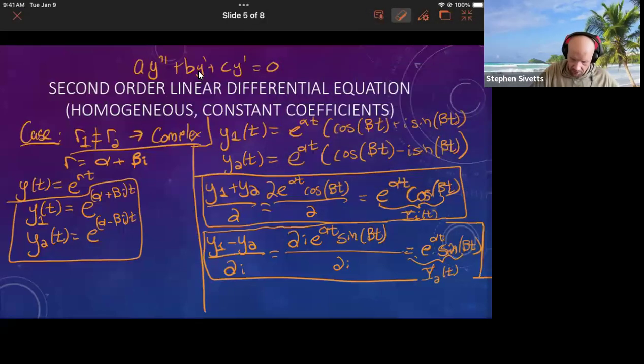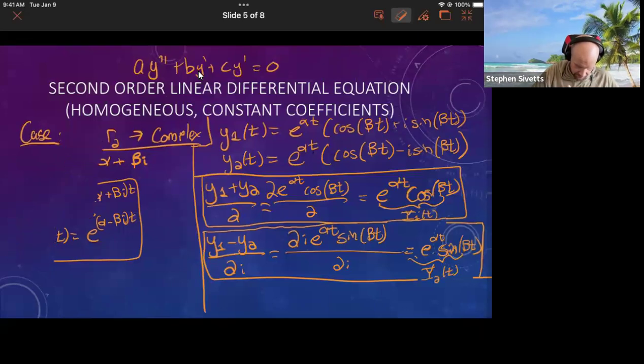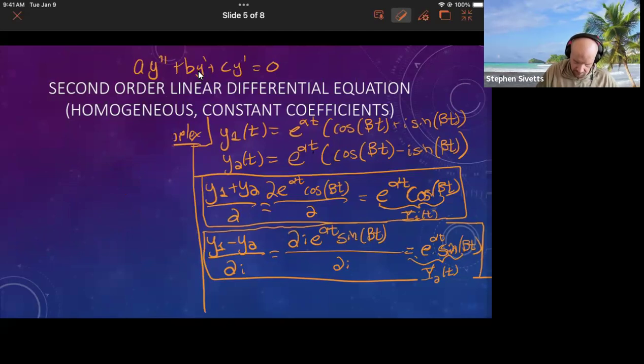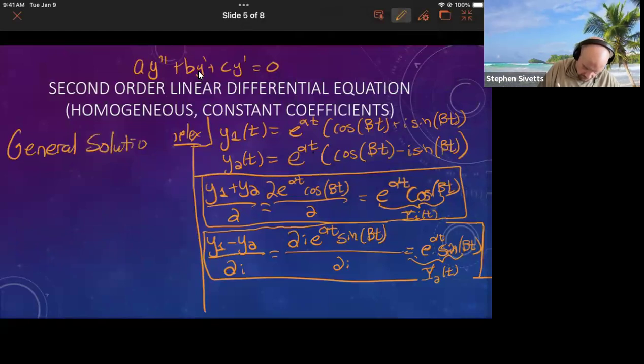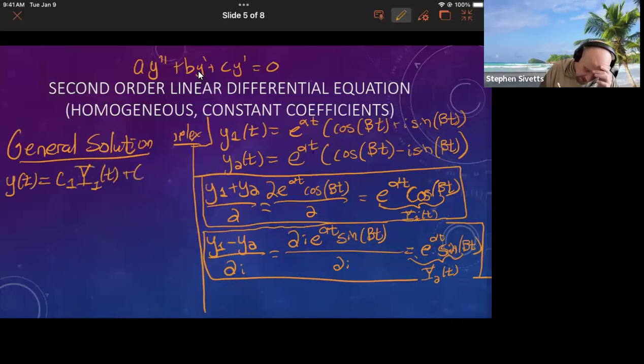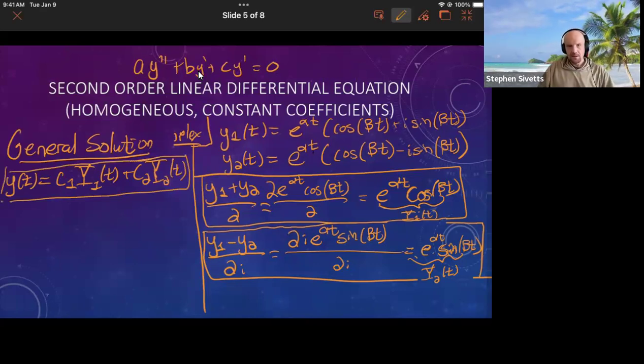So the general solution is y of t equals C1 times capital Y1 of t plus C2 times capital Y2 of t. Okay, so that's the general solution for that case. Hopefully you got that written down.